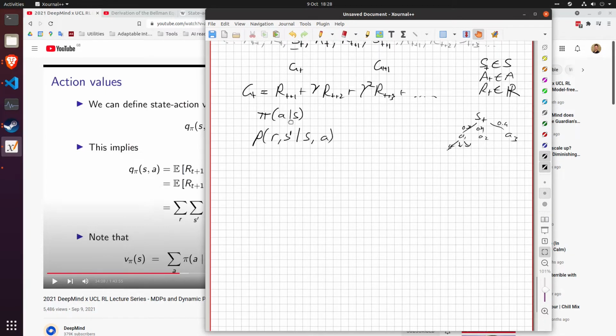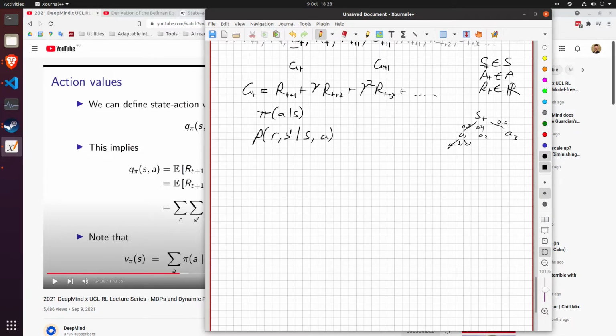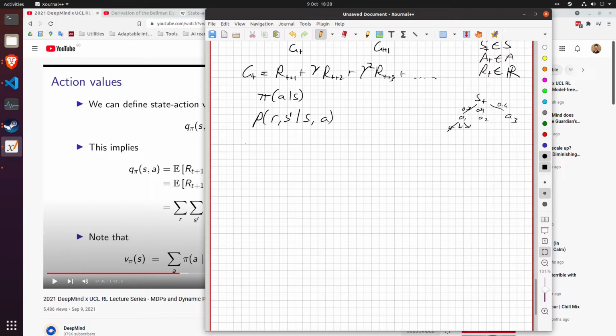But we know from probability theory that one useful thing that we like to think about is the expected value of a random variable. So we define this thing called a value function, depending on a state and a policy. So under some policy, given that we're in some state, what is the expected return?